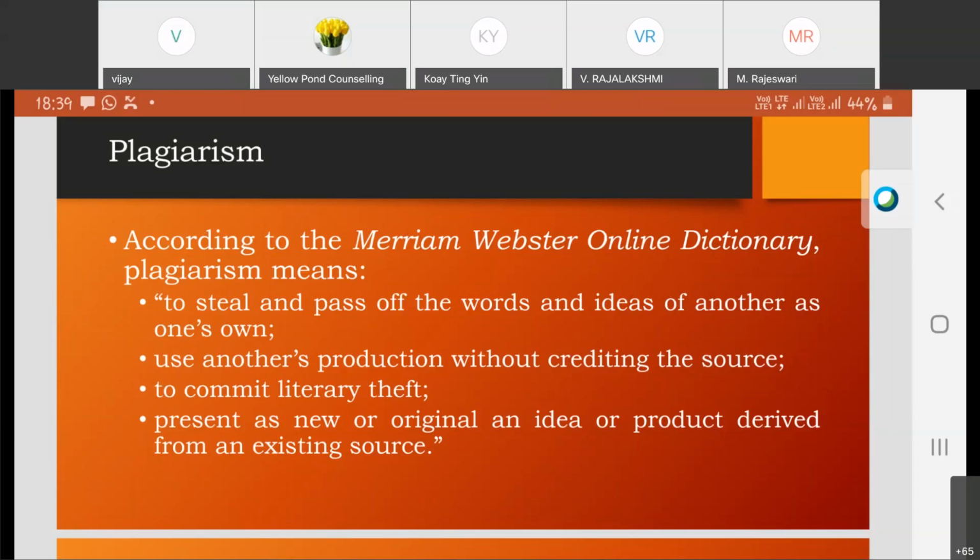So these are the definitions according to the Webster Online Dictionary. So we have several meanings.